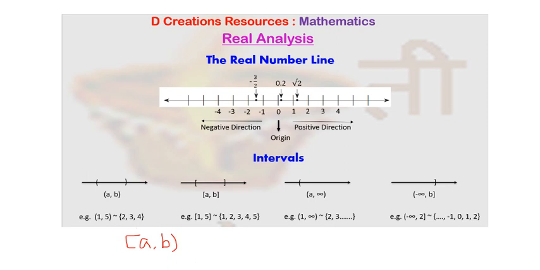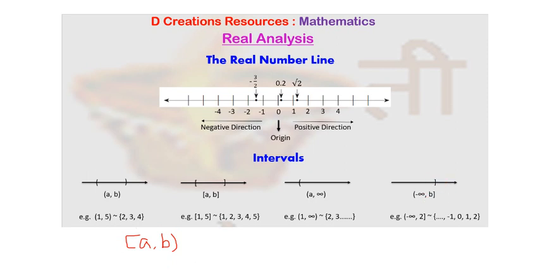Because this is a round bracket, a will not be included, but all the numbers greater than a will be included. What about minus infinity comma b square bracket? Here all the numbers which are less than b will be included, and b will be included itself because there is a square bracket.